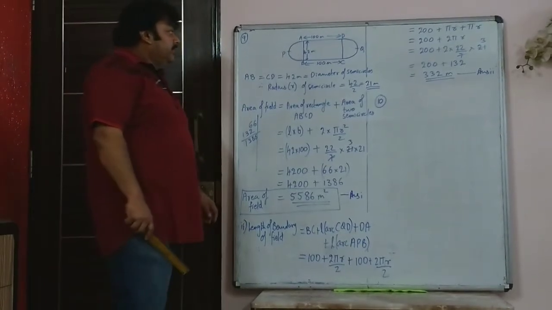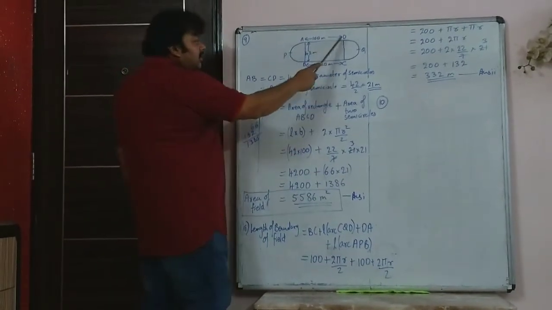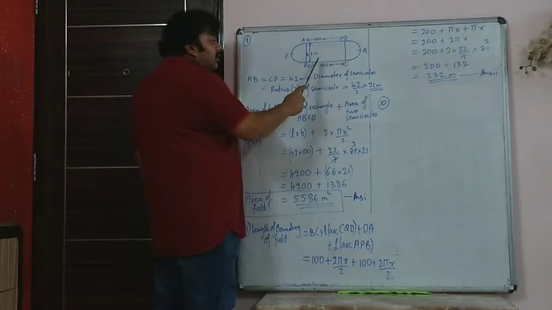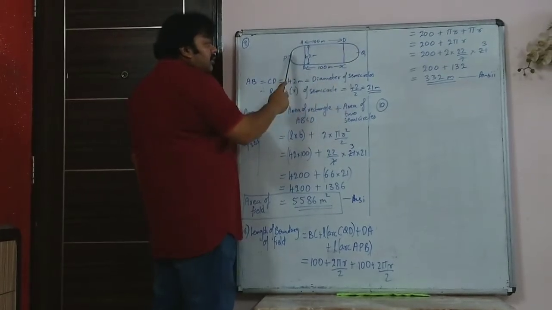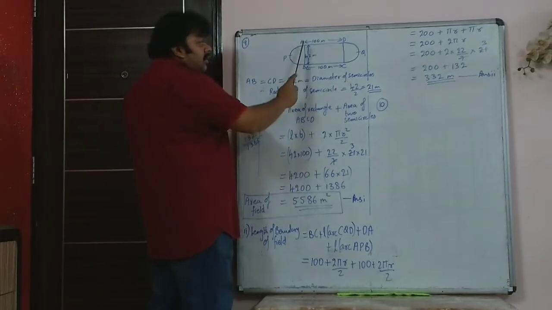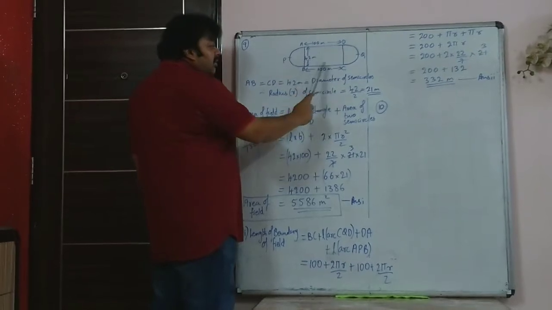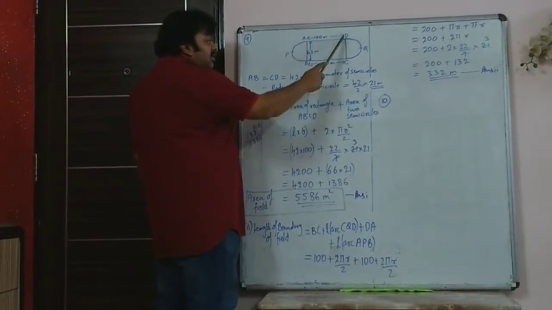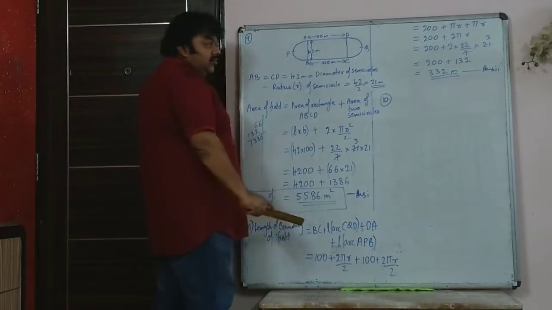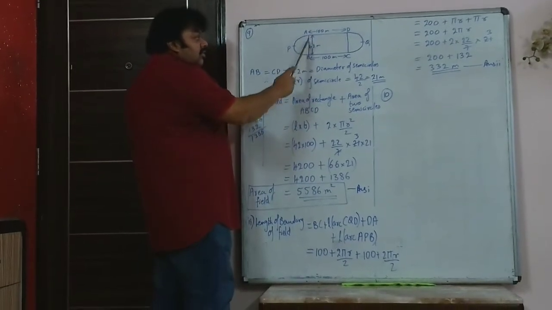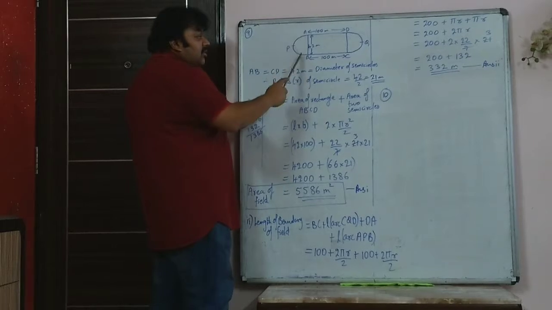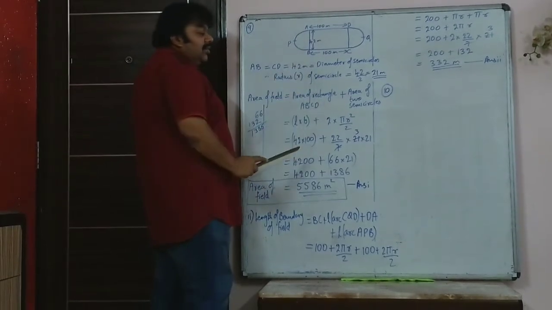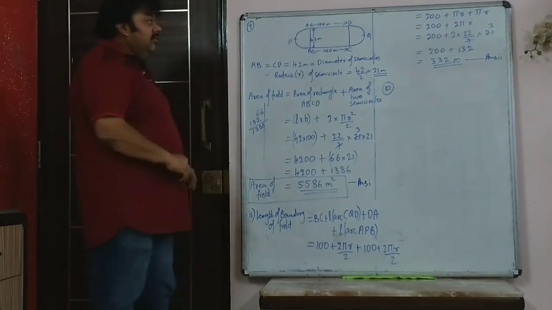Question number 9. You are given that this is a rectangular plot and it is surrounded by two semicircles. Now here AD and BC are both 100 and BA and CD are both 42. So the radius of the semicircular plot will be 42 by 2, that is 21.